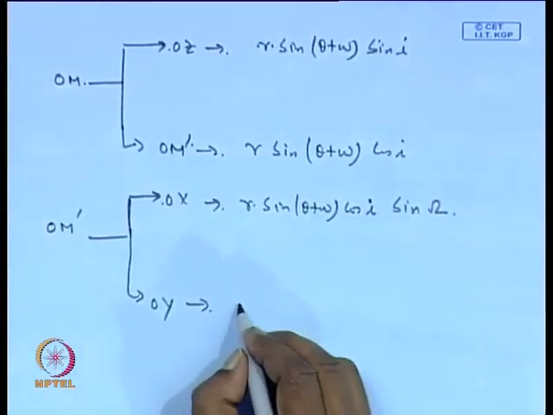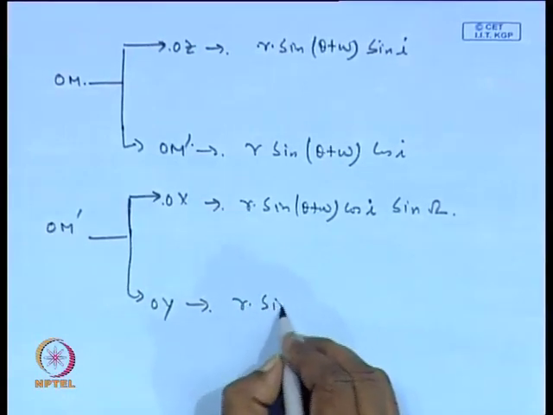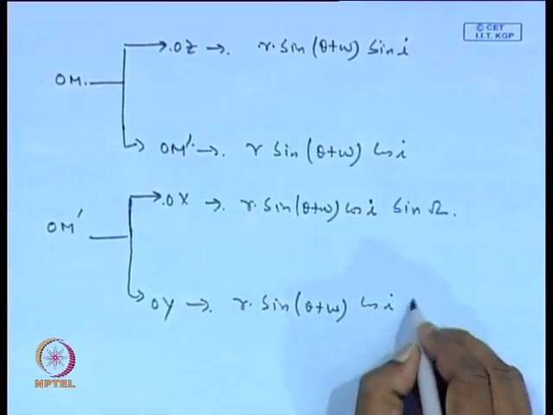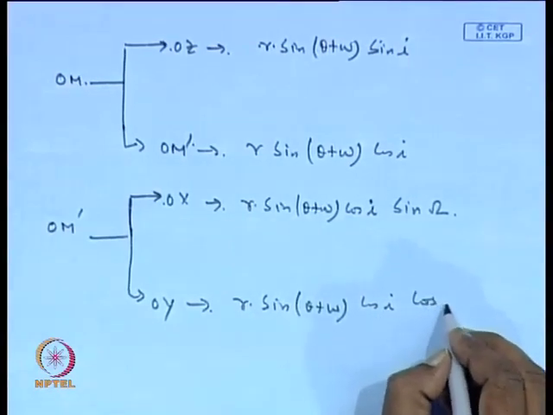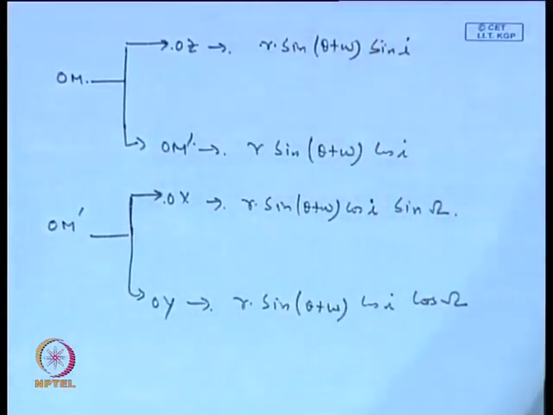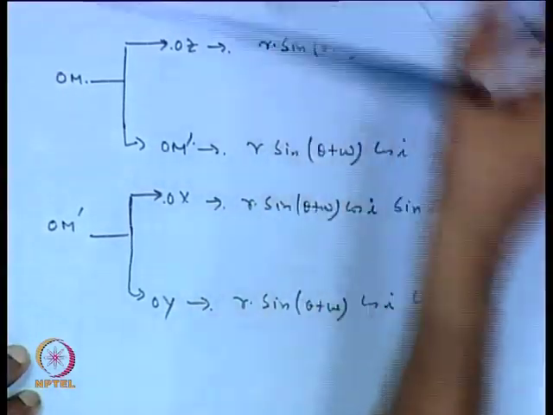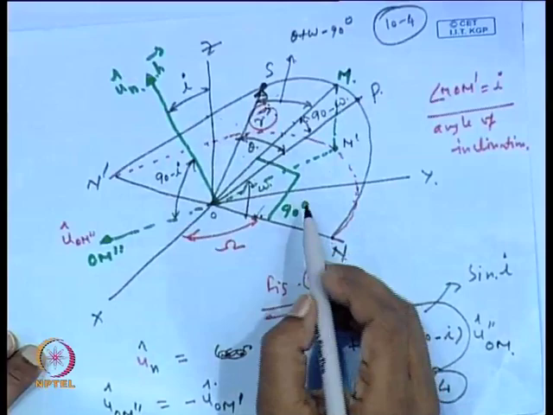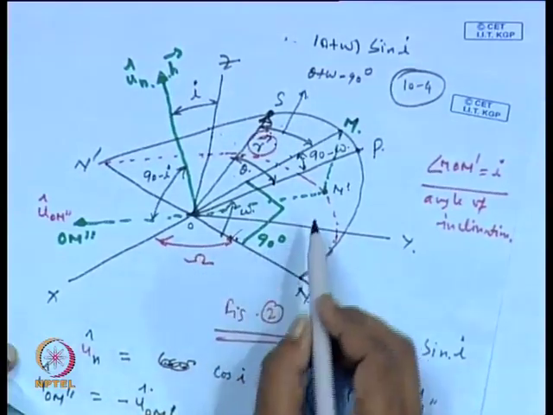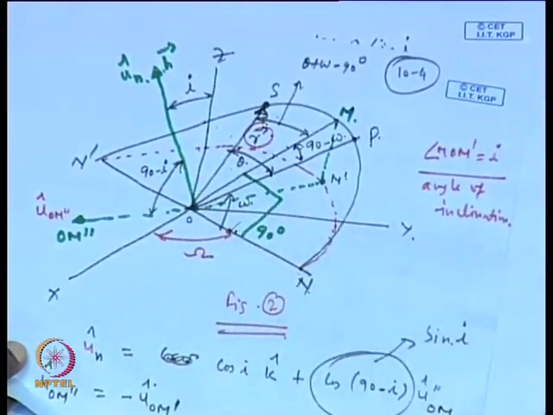Similarly, this will give us r sin theta plus omega cos I times cos capital omega. Okay. And this you can very easily observe from this place, because these angles are known. So, we are breaking up O M prime. The angle from here to here is capital omega, and this angle is also known.